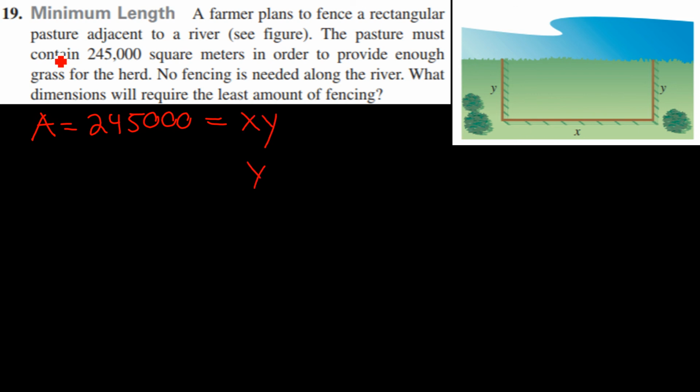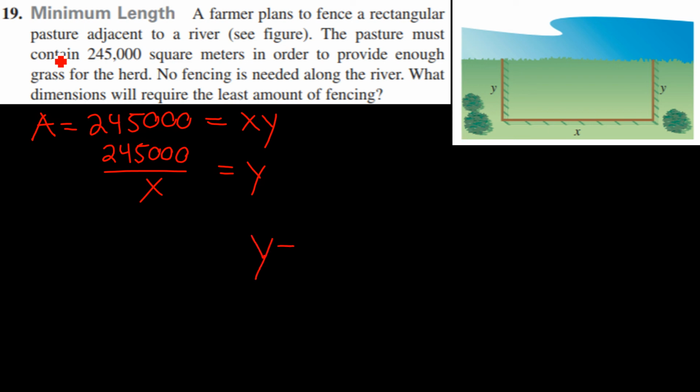So if x happens to be 700, then that would mean that y is going to equal 245,000 divided by 700.